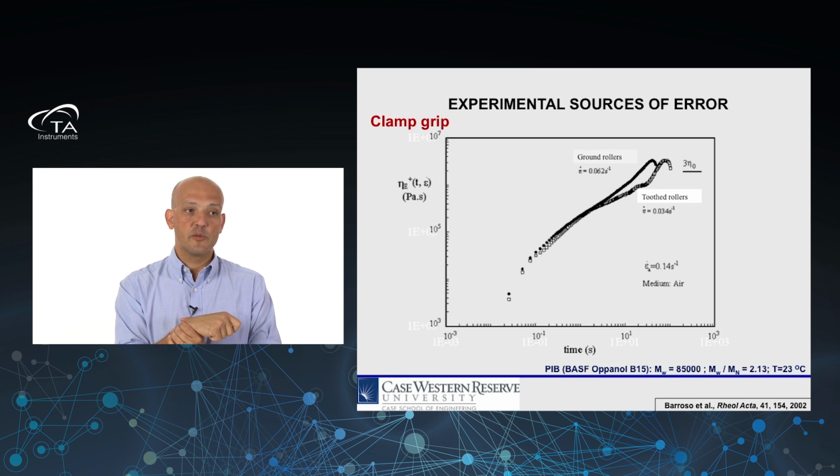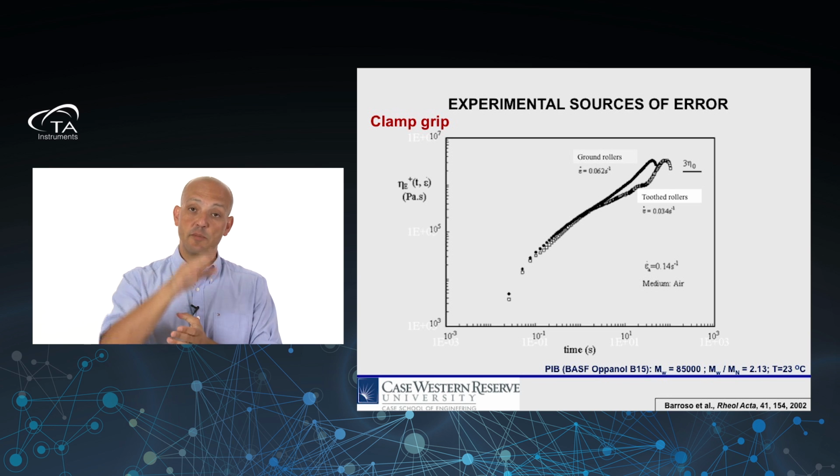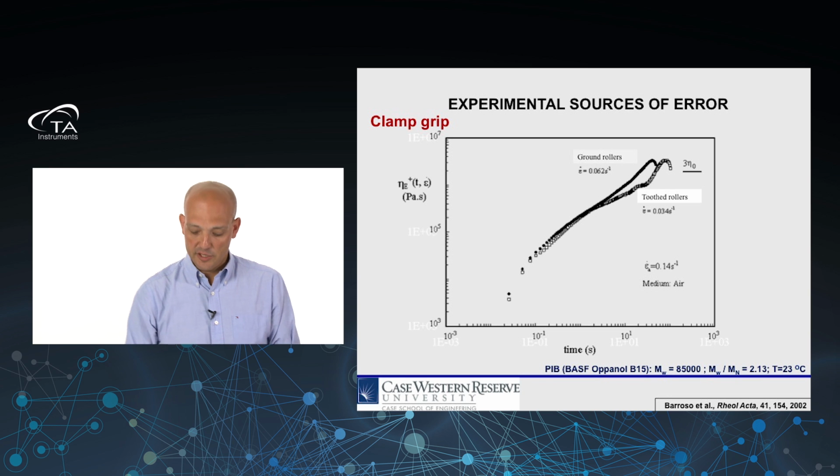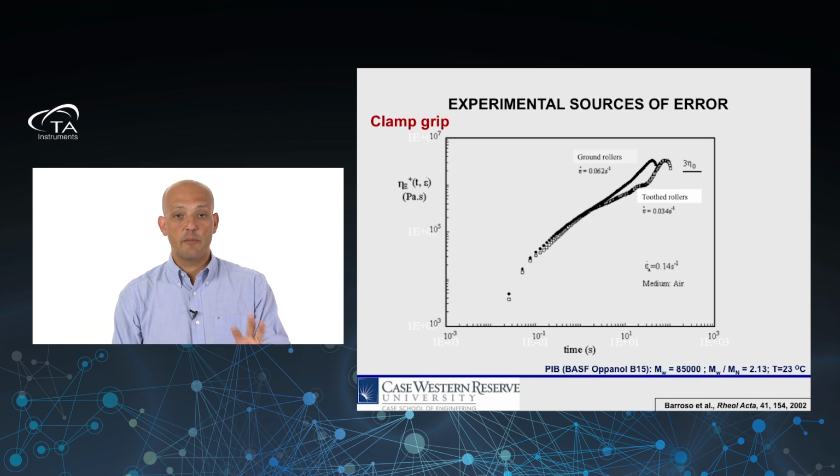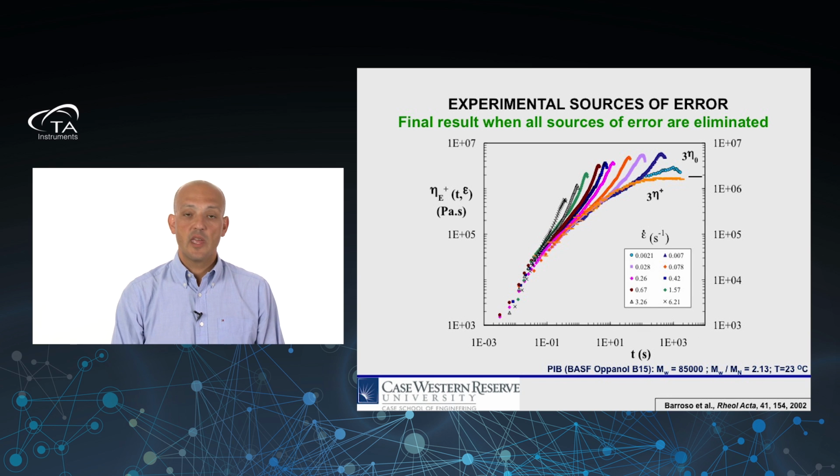When we used ground rollers, the effective strain rate as measured by the evolution of the radius was 0.062. And if we use toothed rollers, it was 0.034. So differences up to 80% from the nominal value. So again, the operator needs to be careful and needs to be able to understand the data and take the necessary experimental precautions.